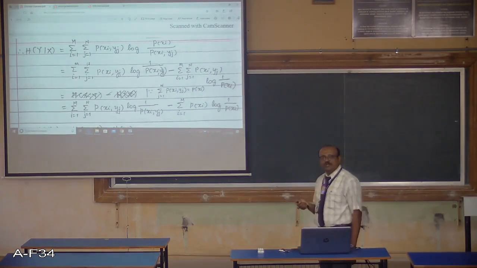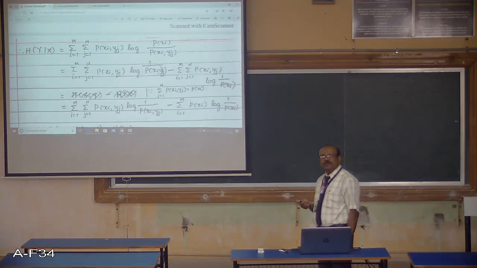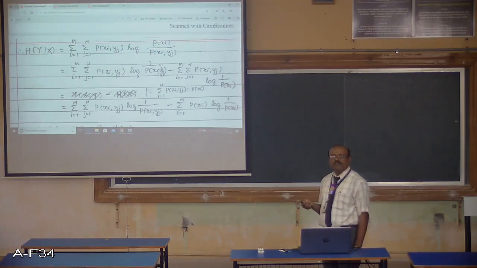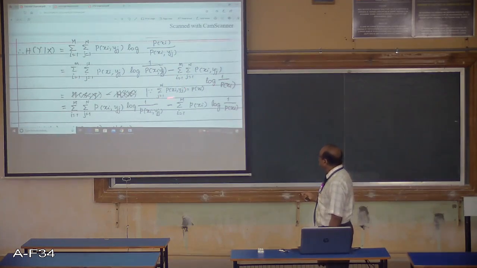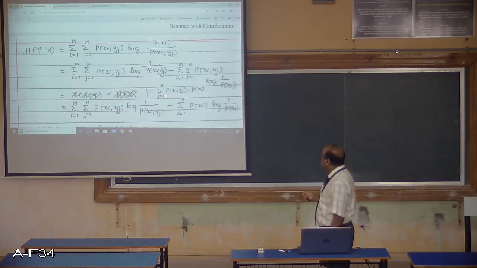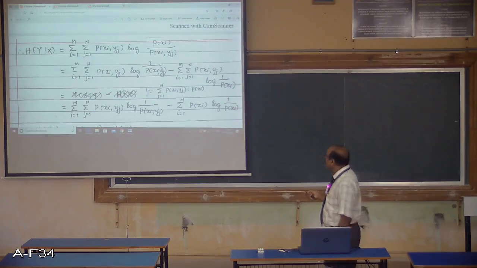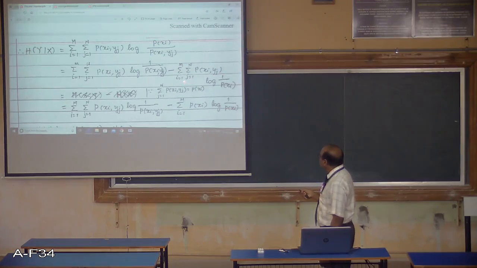By the property of the JPM, if you add any particular row, we get the probability of the corresponding input symbol, p(xi). So the sum over j of p(xi, yj) is replaced by p(xi), and the summation over i from 1 to m remains as it is.